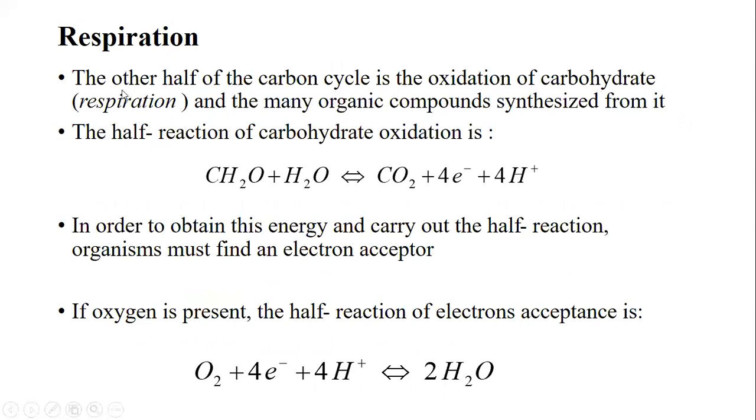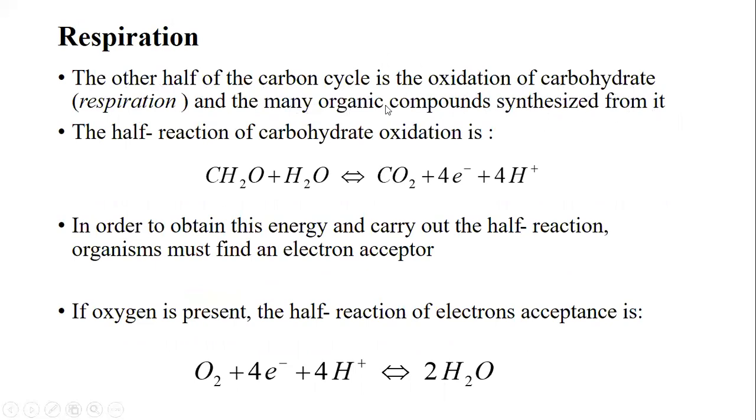So remember, photosynthesis is one half of the carbon cycle. We talked about photosynthesis, now we talk about respiration. This other half of the carbon cycle is the oxidation of carbohydrate, which is respiration, and the many organic compounds synthesized from it.